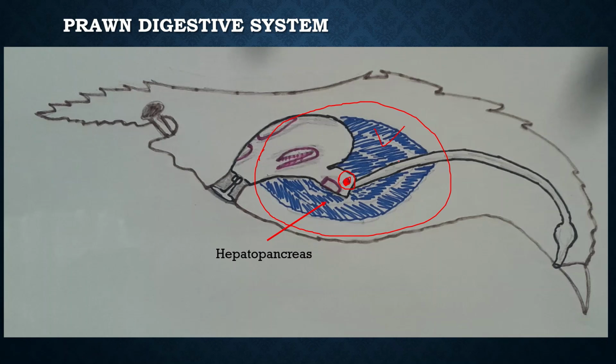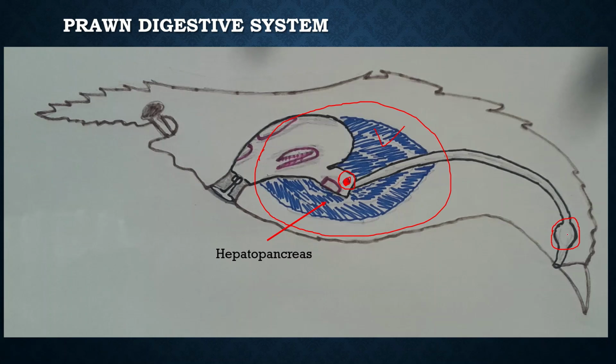So with the help of the hepatopancreatic enzymes, the digestion of the food material which comes into the stomach takes place, and the digested, semi-liquid and semi-digested food is filtered with the help of the bristled combed plates, and finally the undigested material comes into the rectum.